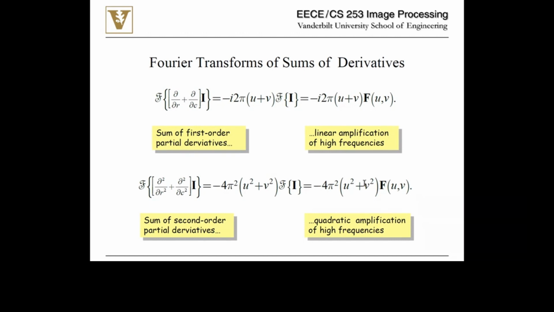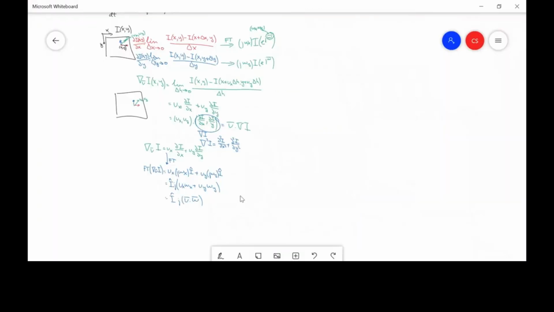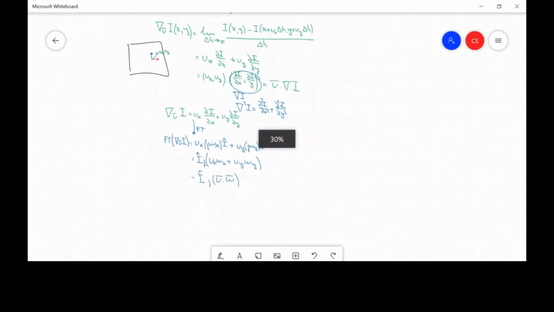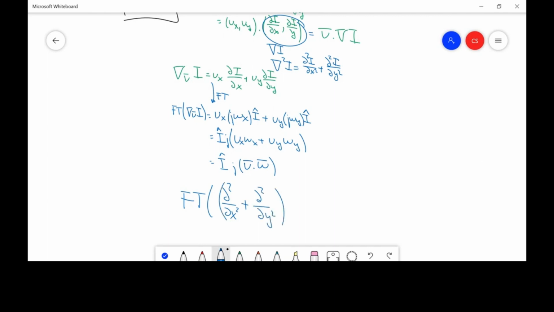Let's copy the main part of that result, without constants. So what we have is the Fourier transform of the Laplacian, which can also be represented like this. I'm using different notation so that you get used to the different ways of writing.